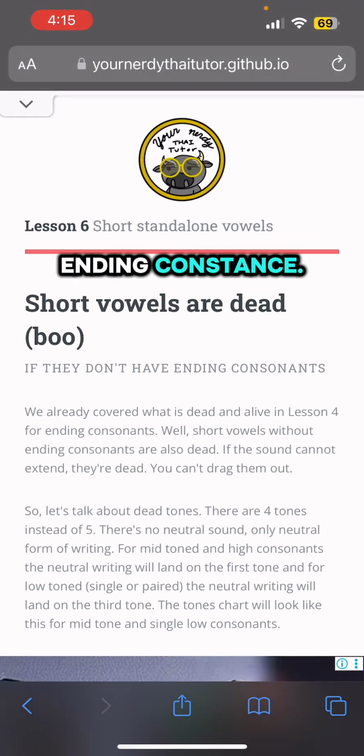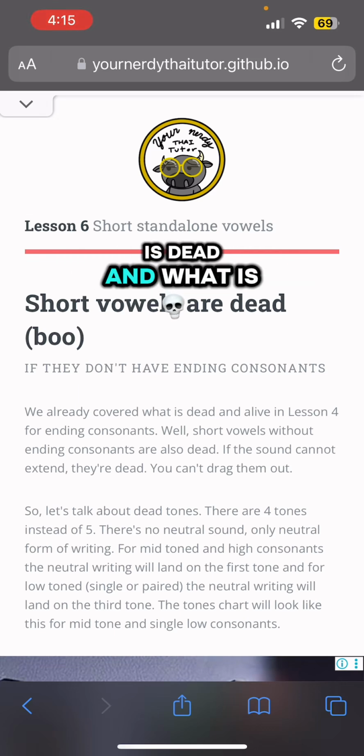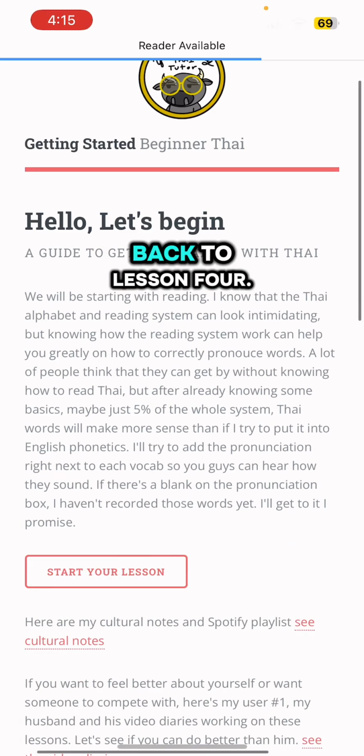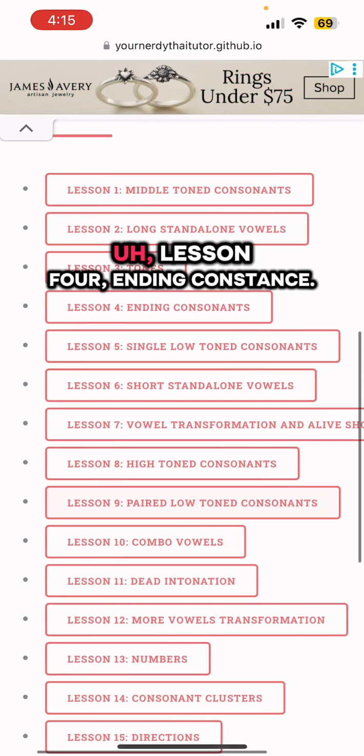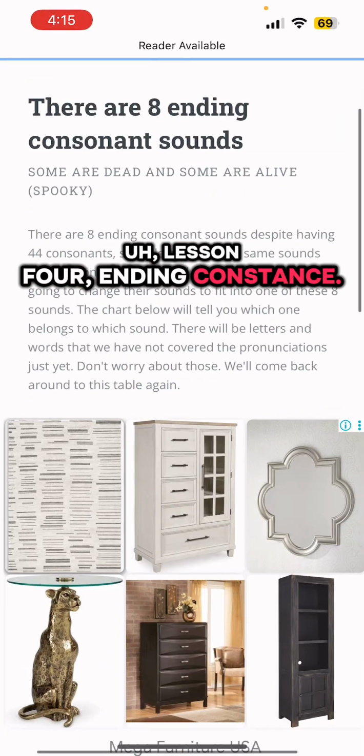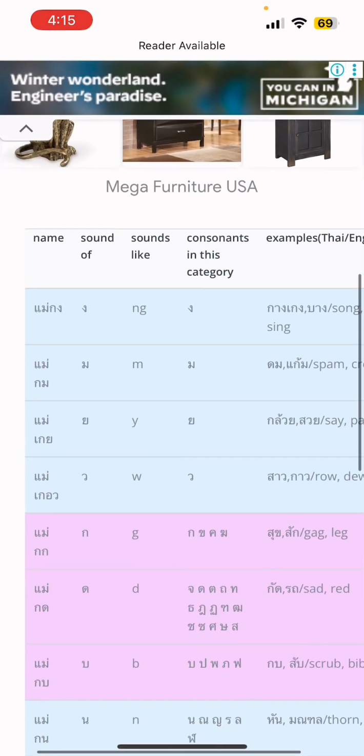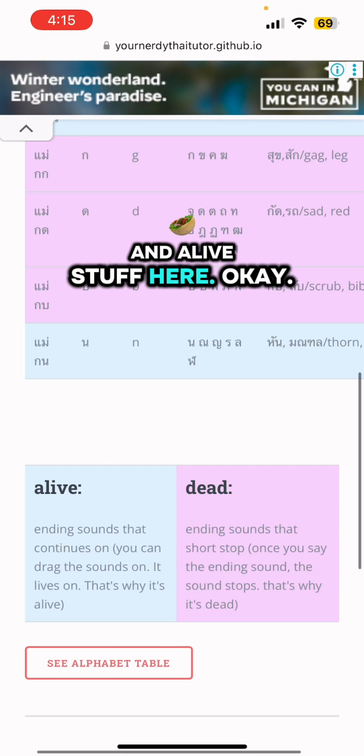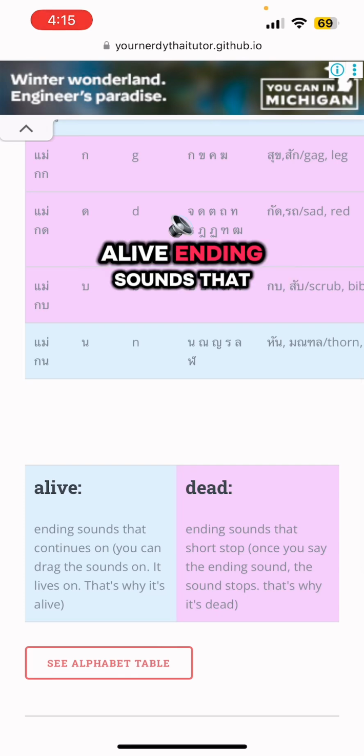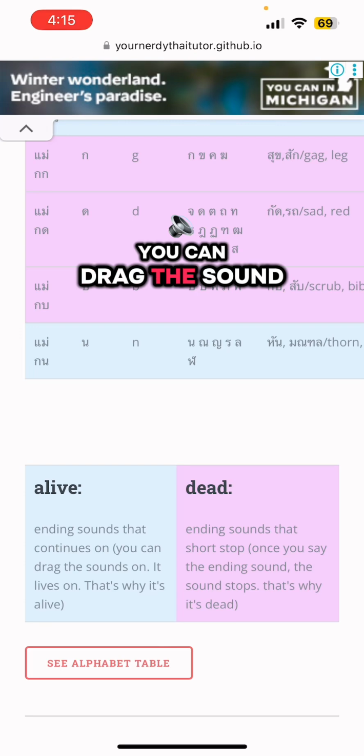If they didn't have ending consonants, we already covered what is dead and what is live in lesson 4 for ending consonants. Oh, we did. Let me go back to lesson 4, ending consonants. Oh, there is dead and alive stuff here. Okay, alive: ending sounds that continue on. You can drag the sound on it.